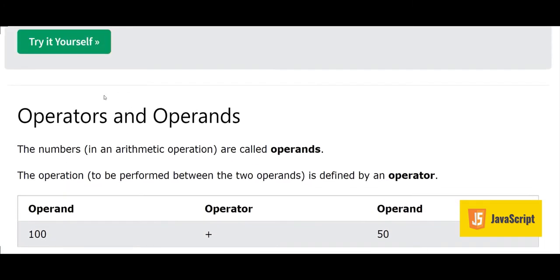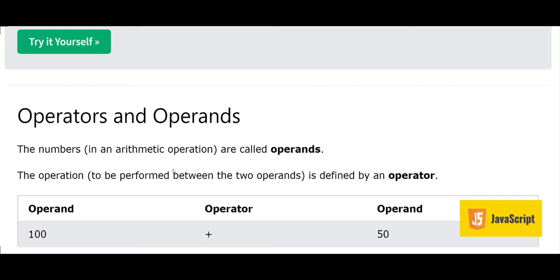Okay, next we see operators and operands. What are operators and what are operands? See here, these plus, minus, addition, subtraction, multiplication, all these are called operators. And operands are the numbers or variables on which the arithmetic operation is performed, like these 50 and 100.